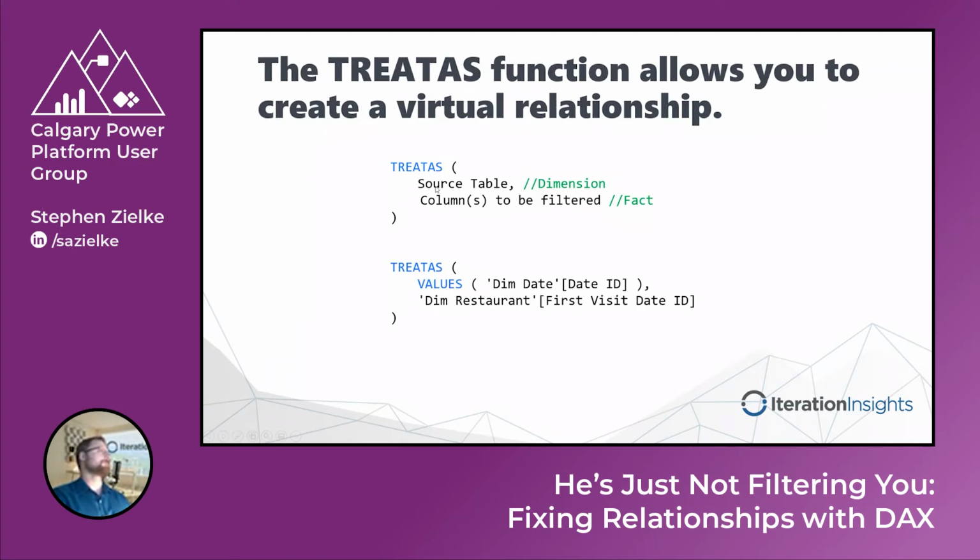go through it first. So TreatAs takes 2 arguments. The first one is a source table, so it's effectively your dimension that you're filtering by. The argument here needs to take a table. And then the second argument are the column or columns to be filtered, so you could put multiple ones in here. So this source table could have multiple columns, and then they need to map onto the columns that you're filtering.